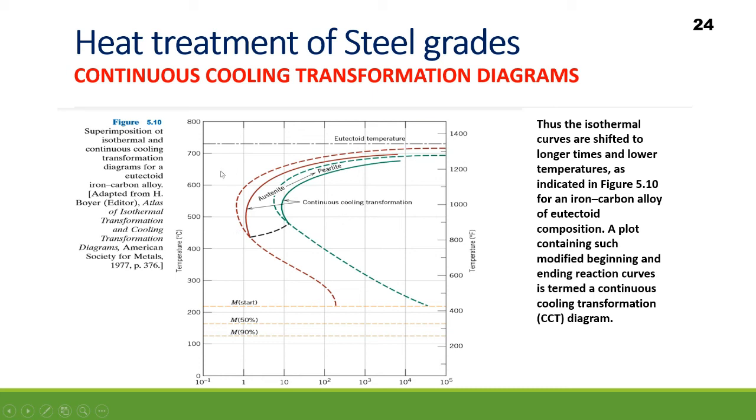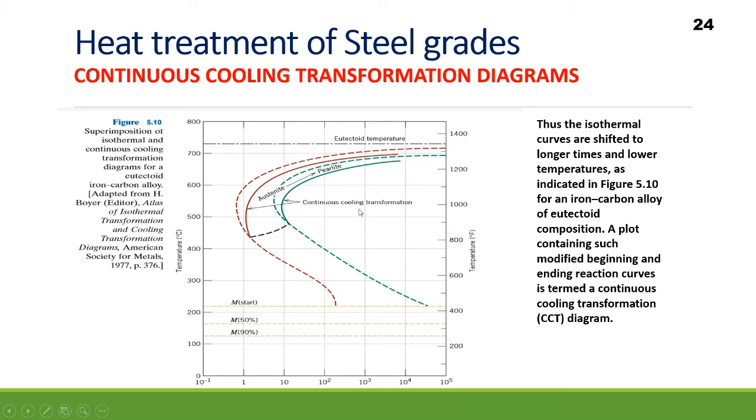The first point we can see is that when we transfer from TTT to CCT, the curve has shifted a little towards the right-hand side. On the other hand, you can see one more thing: our CCT curve has stopped here. It is not extended like the isothermal curve. The isothermal curve is extended, but this continuous cooling transformation curve is not extended. It's finished. It's closed here.